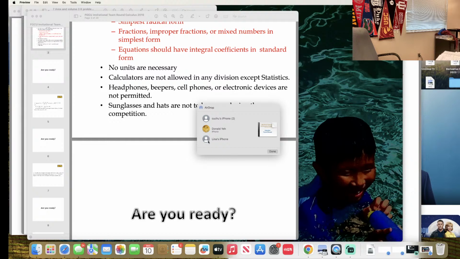Negative 2. Wait, number 7? I said you plug in 0 to 2. Or number 5.